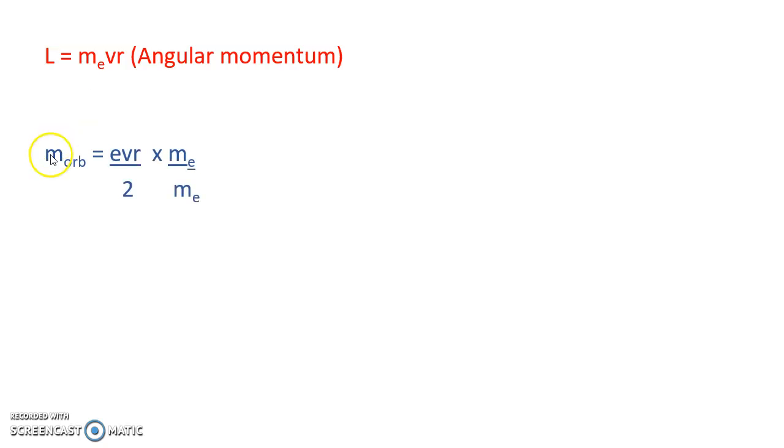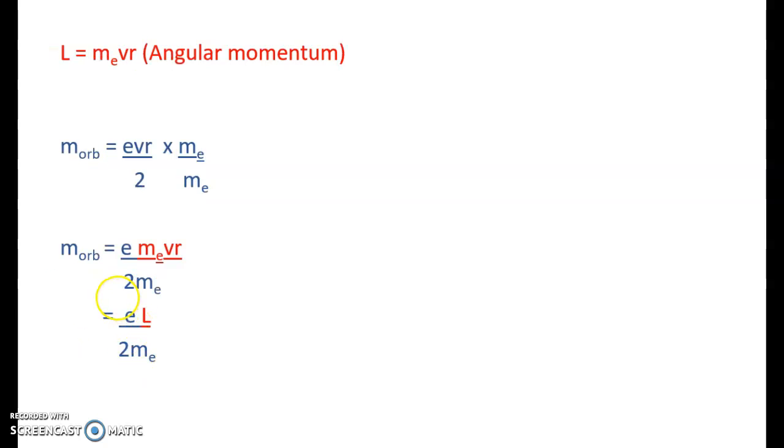We have derived this formula for orbital magnetic moment as m orbit is equal to e v r divided by 2. Let us multiply and divide by the mass of the electron, that is, multiplying and dividing by m e. After rearranging the terms, m e v r can be written as L, because we have seen that the formula for L is m e v r. Terms e and m e are constant because the charge on the electron is constant and also the mass of the electron is constant.